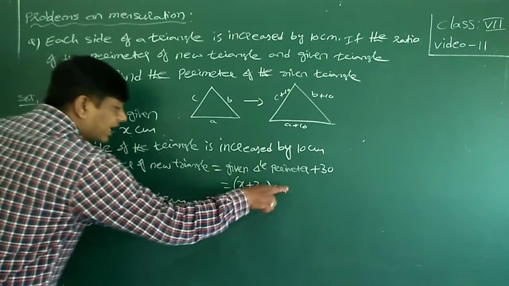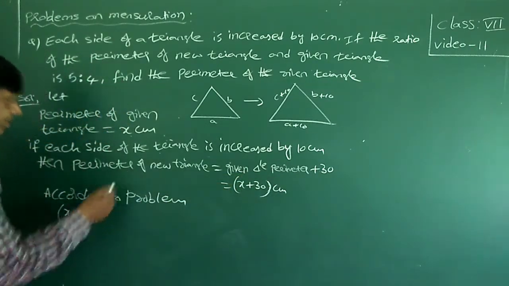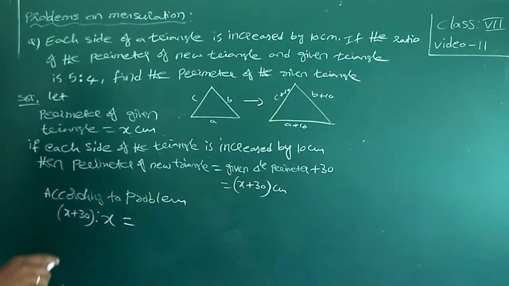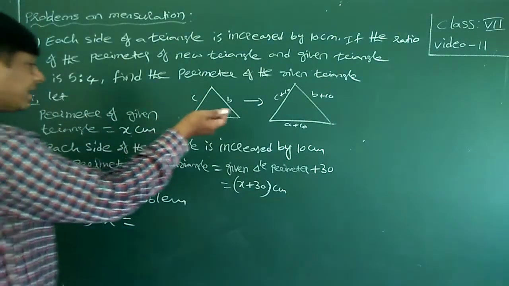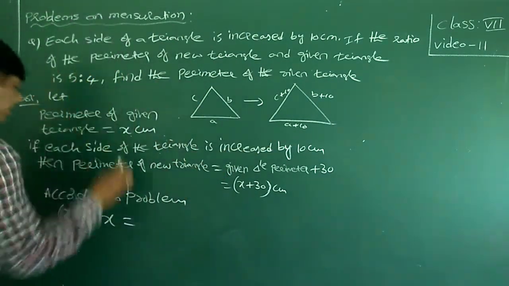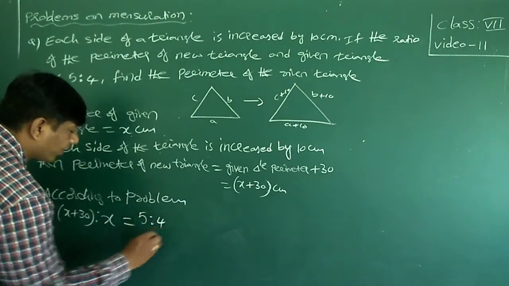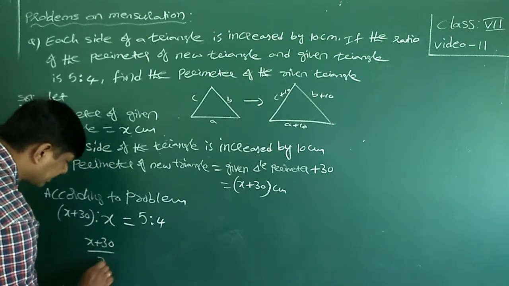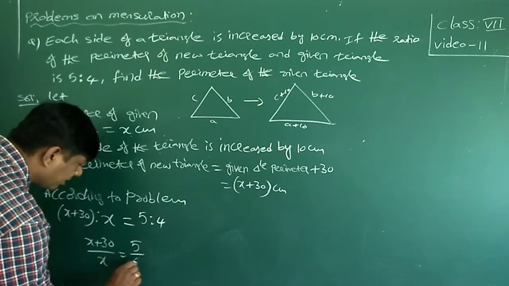This is the new triangle perimeter to the given triangle perimeter. What is the obtained triangle perimeter? What is given here? 5:4. Now this can be written as x plus 30 by x is equal to 5/4.